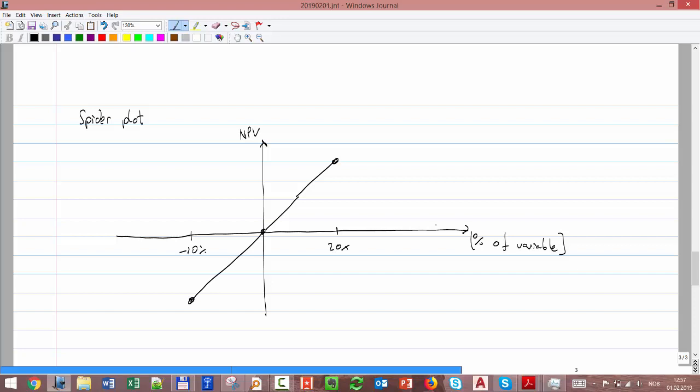For CapEx, if I get plus 20% CapEx, I'm going to get probably a value here, NPV down here. And then if I get minus 20% CapEx, I'm going to get here. Okay, so that's for oil price, and that's for CapEx, or expenditures. And I can plot any variable there. The nice thing is I have the same x-axis for all variables.